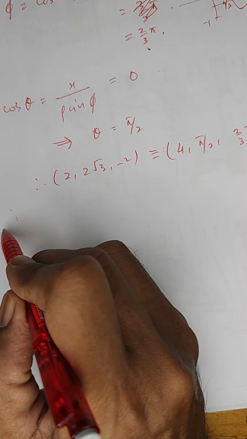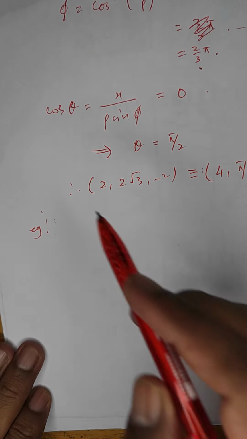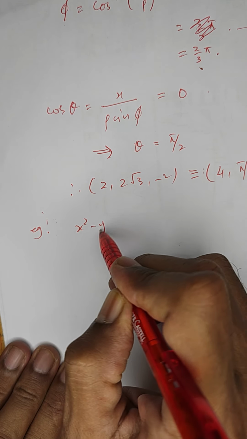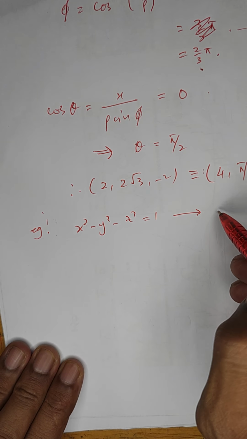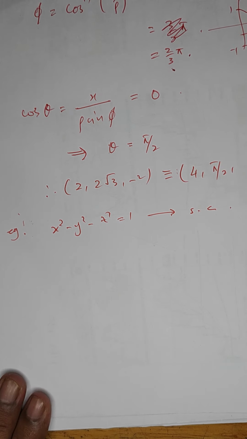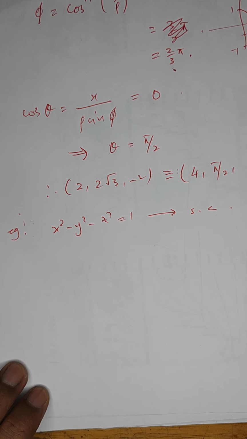Okay, and another example that involves an equation. If you have this equation, y squared minus z squared equal to 1, change it into the spherical coordinate. We want to change this equation into an equation in the form of spherical coordinates.